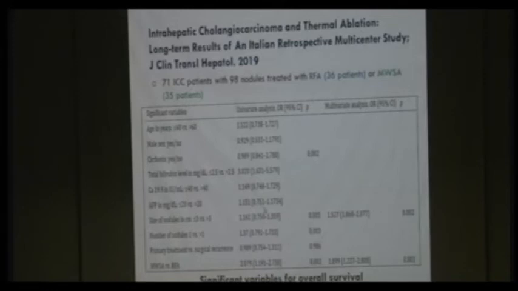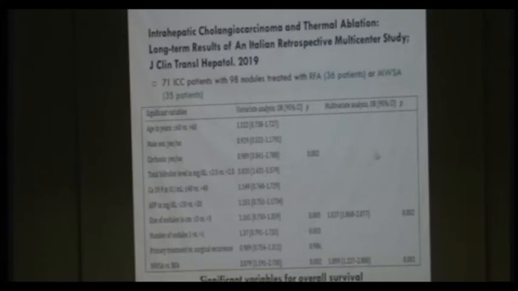They further analyzed their data to identify significant variables associated with overall survival, and according to univariate analysis, presence of cirrhosis, size of nodule, number of nodules and type of modality used for ablation, that is microwave or RFA, are significant variables associated with survival.